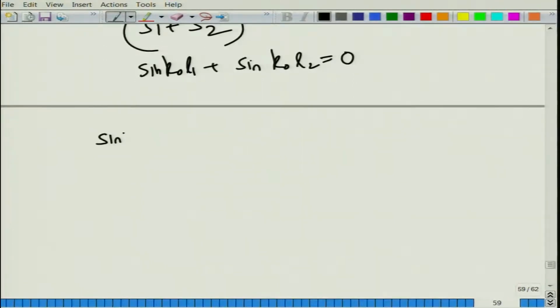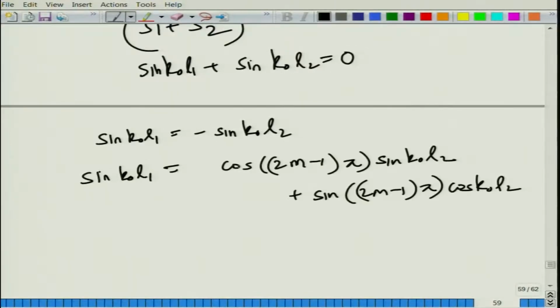When sine K0 L1 is equal to minus sine K0 L2. This will happen when, there are two conditions of course, minus can be written as cos of (2m minus 1) pi, because for any m equal to 1, 2, 3 and so on, this will be 0 identically for all m being an integer.